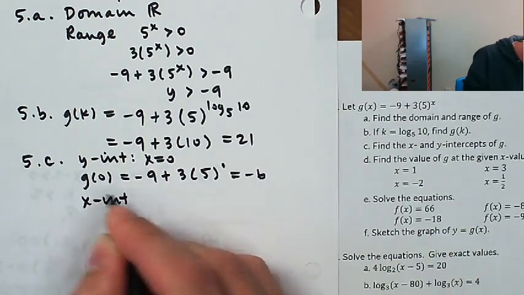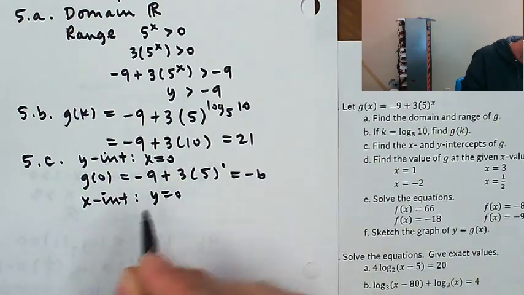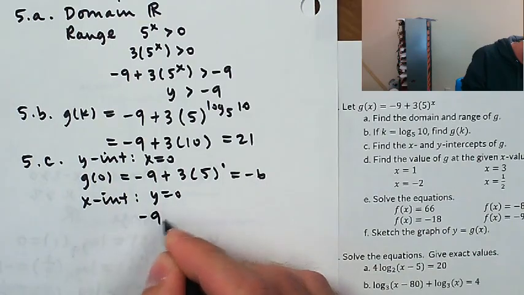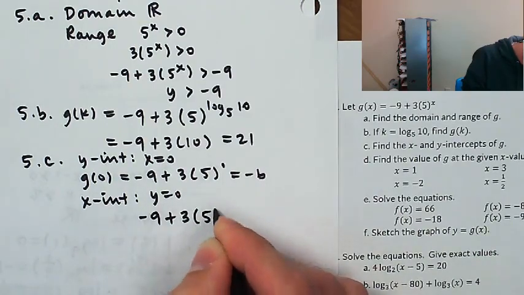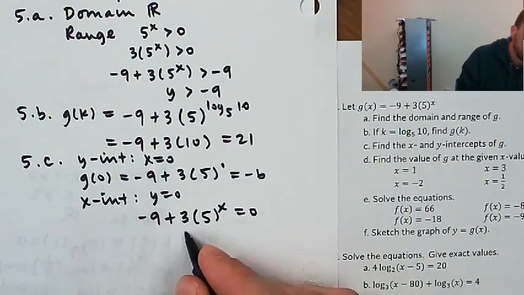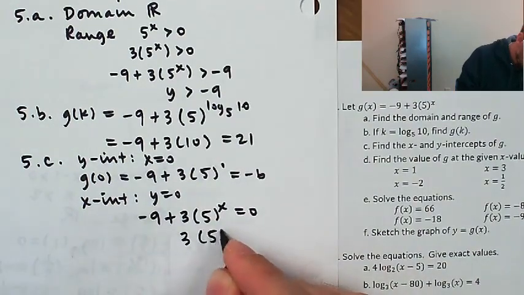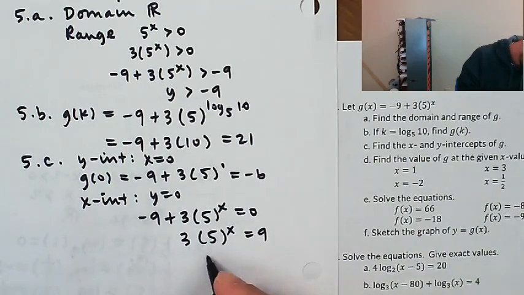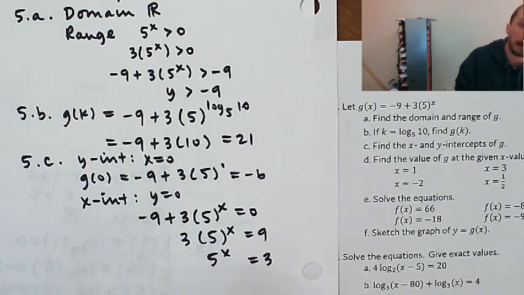Then x-intercept, that's where y equals 0. So I'm going to take g of x and set it equal to 0. Negative 9 plus 3 times 5 to the x equals 0. So I'm going to add 9, divide by 3, and then take a log with base 5 of both sides.